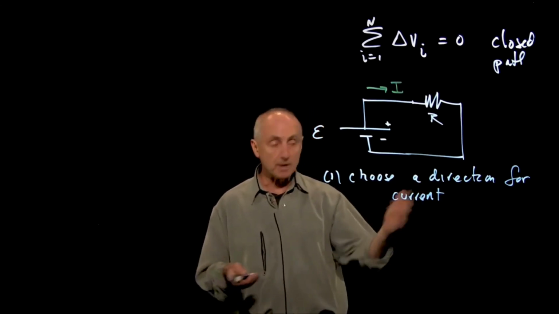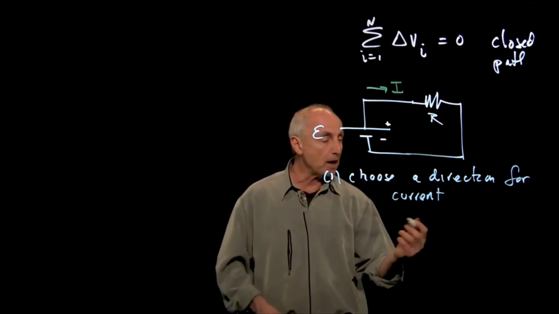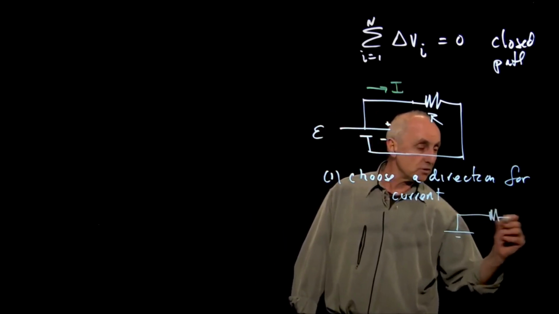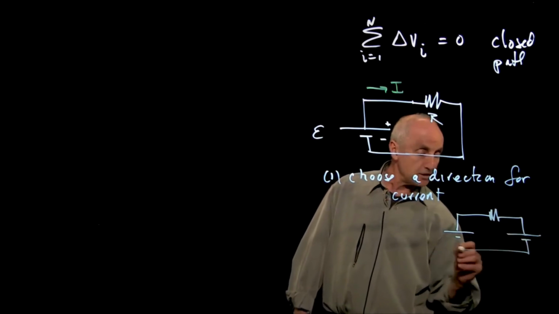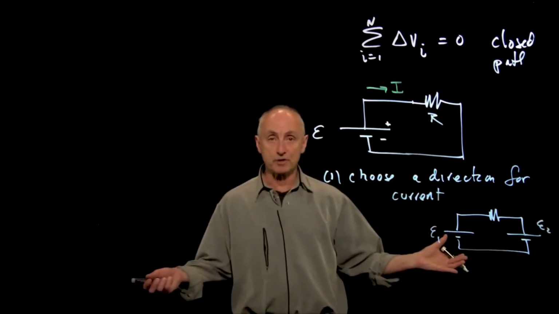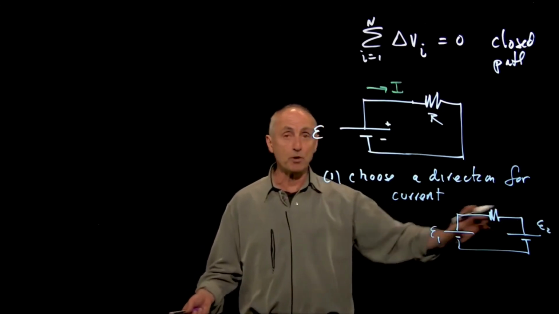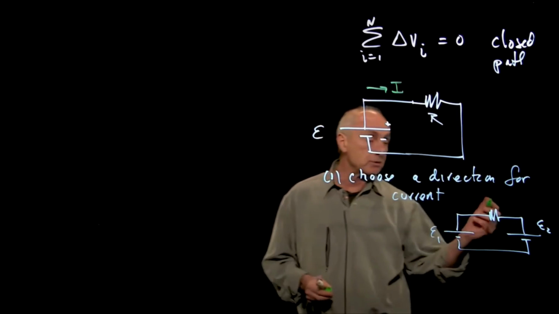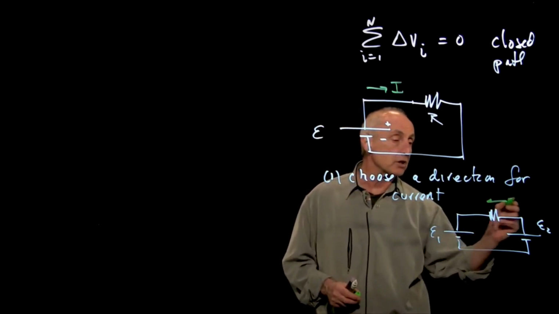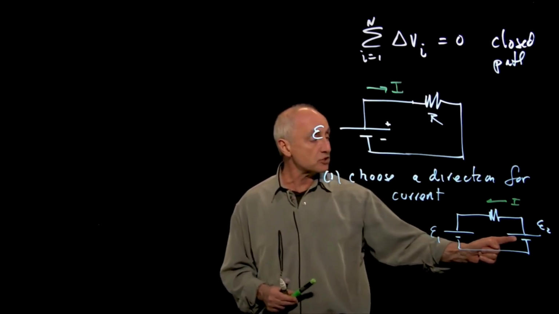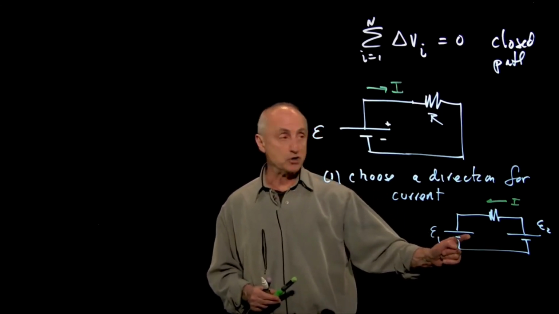So you might say, why are we making this choice at all? But let me remind you that if I had two batteries and a resistor, and these batteries had different EMFs, would you know which way the current is flowing without knowing beforehand which EMF was bigger? So again, I could just arbitrarily say my current is going to go this way. And what that would mean is that this battery is discharging, but this battery is charging.